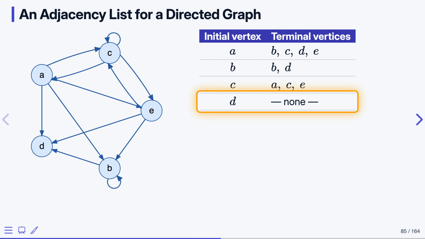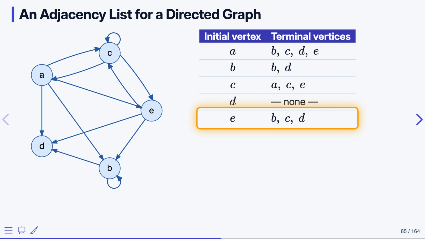No arrow leaves D, so its row is empty. That empty row is real information, so we still write the row. And from E we can reach B, C, and D. Count the names this time. 4 plus 2 plus 3 plus 0 plus 3 is 12, and the graph has 12 arrows. For a directed graph, each arrow appears exactly once, not twice.